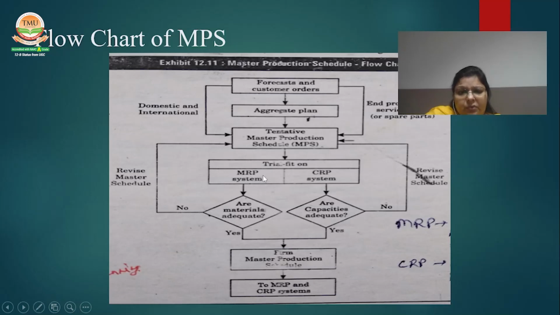In the MRP system you check whether your material is adequate or not, and in the CRP system you check whether capacity is adequate or not. If not, we can revise again. If yes, then we go further and make the firm master production schedule. After making the master production schedule, we reach the MRP and CRP system. This is called our schedule flow chart.